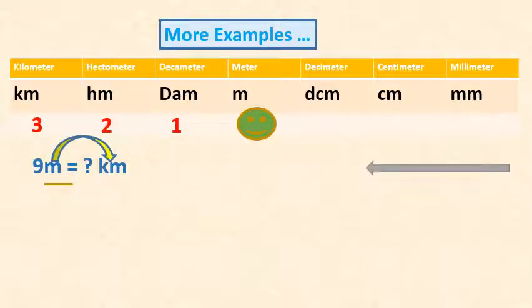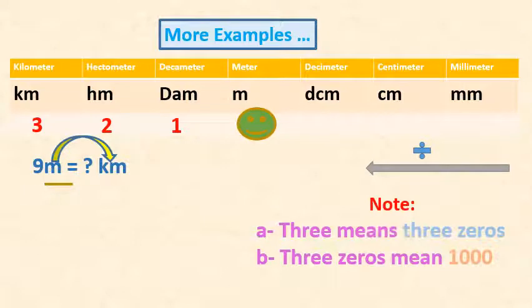So we're moving to the back. It means we are dividing by what? By 1000. Why? Because we said that 3 means 3 zeros, and 3 zeros mean 1000.